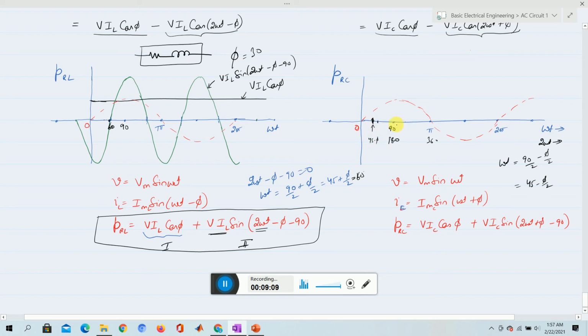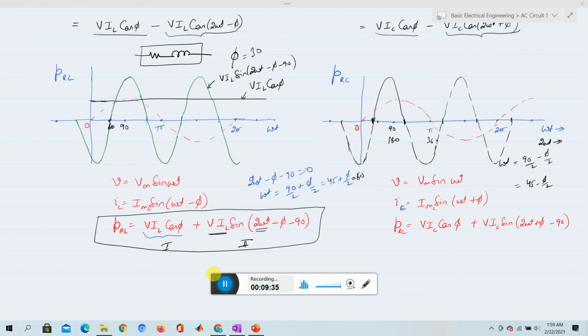So that is done, we will not write this. At the same pace we will draw the lines so that we can easily draw the waveform. Let us draw the power waveform here.